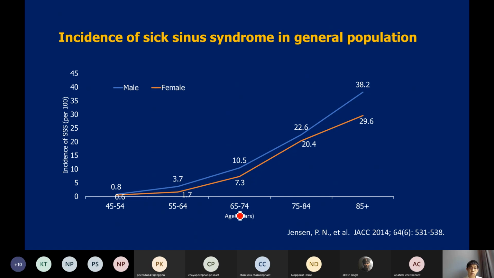You can see from this graph that the incidence of sick sinus syndrome per 100 persons increases with the age of the patients. When patients get older, the SA node degenerates, and this leads to abnormal function of the SA node, what we call sick sinus syndrome.